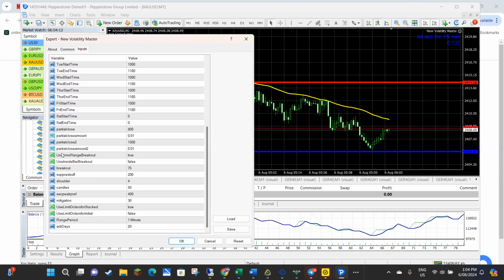Now, we actually have two options here. So two totally different strategies for when the software will enter the market. Use inside bar breakout. Now, if you watch one of the older settings videos on Volatility Master, this was the way it worked. There wasn't two options. This was how it worked.